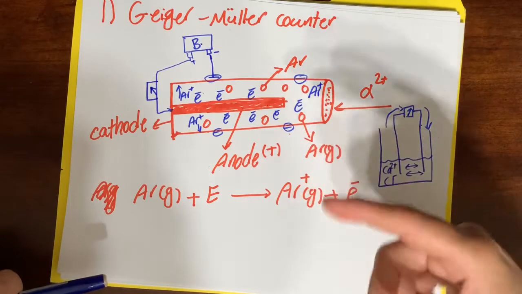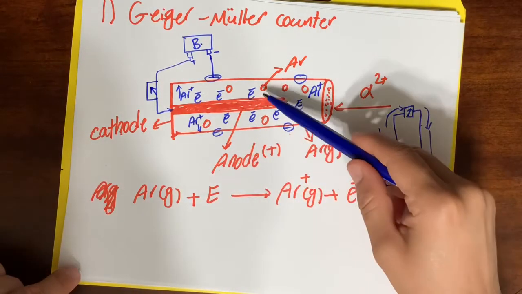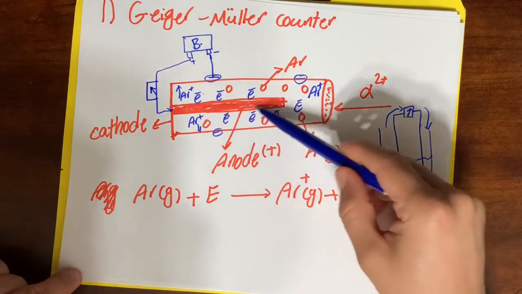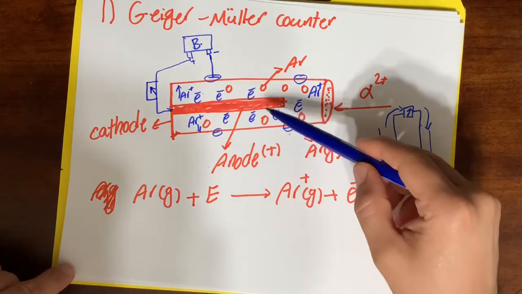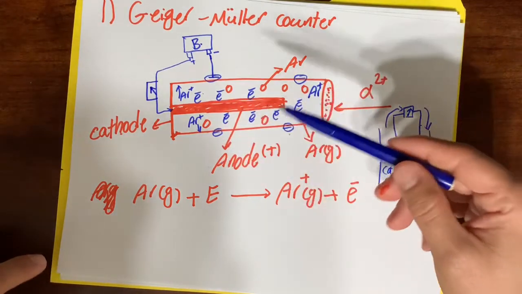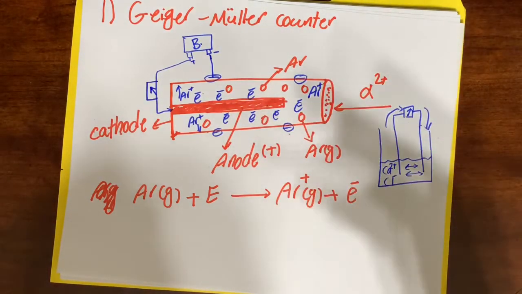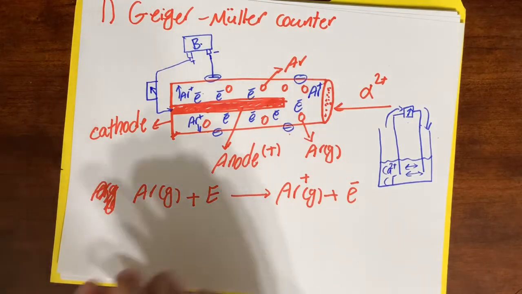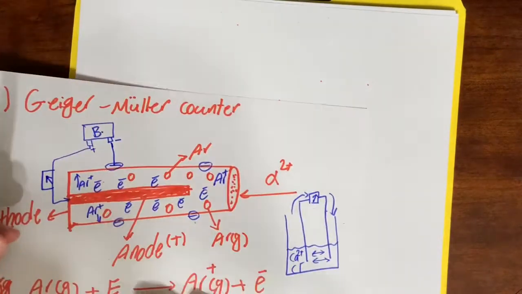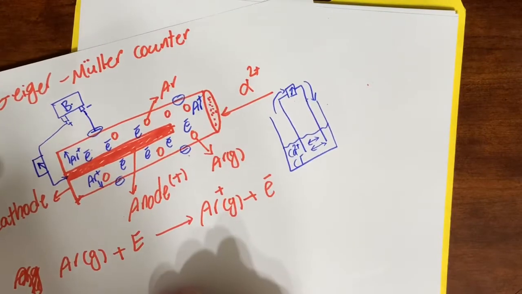That noise is actually coming from the collision of the electrons with this electrode. And if you get more of those electrons around it, you will hear a louder noise. So this is one type of detector, or counter, that we use to track radioactivity.